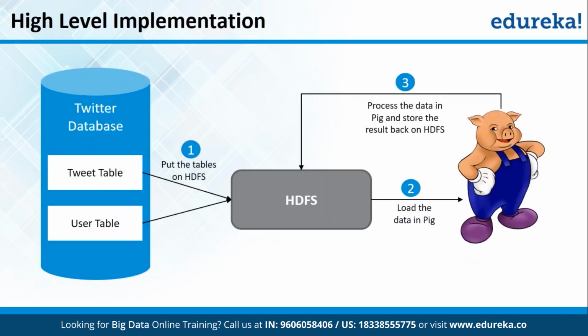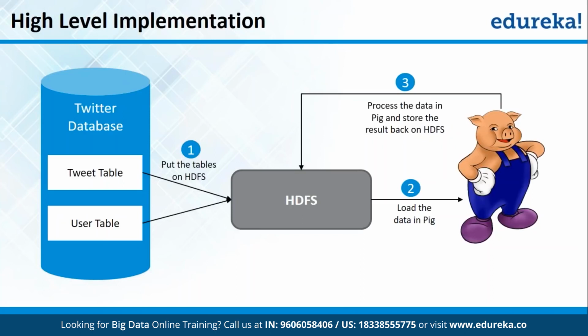So now let's move on and understand the high level implementation of the architecture they implemented using Hadoop HDFS and Apache Pig. At Twitter, they had a database with many tables in which the archived data was stored. The insight that we want to extract is related to two particular tables, the tweet table and the user table.